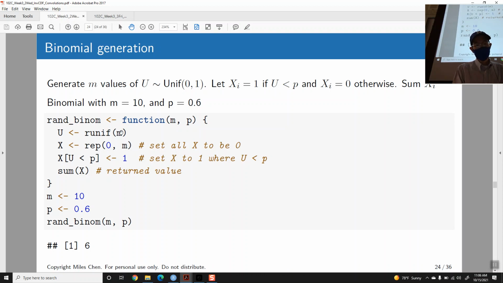We generate m values from the random uniform, m values between 0 and 1. If any of these u values are less than p, we set them equal to 1. I started everything off as 0, and for the ones that are less than p, we assign those to be 1, and then we sum up the x, and that's going to be binomial. We could think of probably 100 ways to write this. Some are going to be more elegant than others, but this is fairly simple.